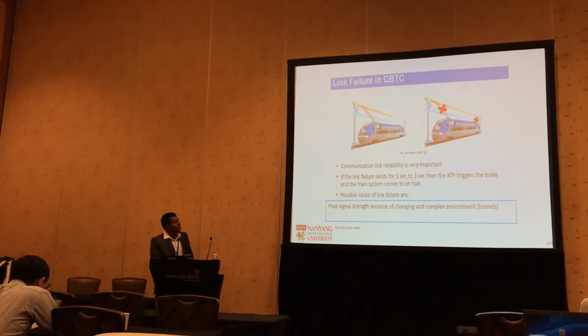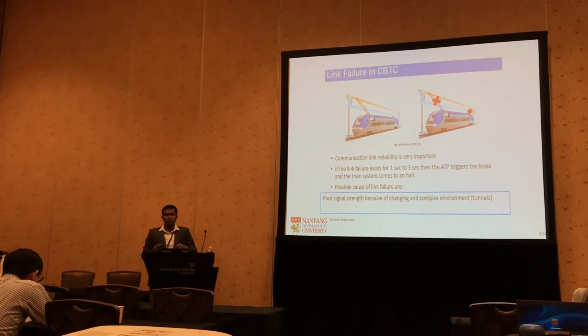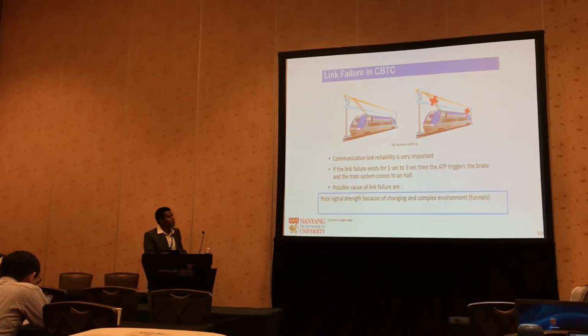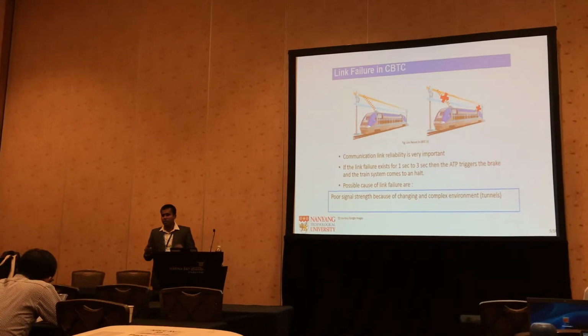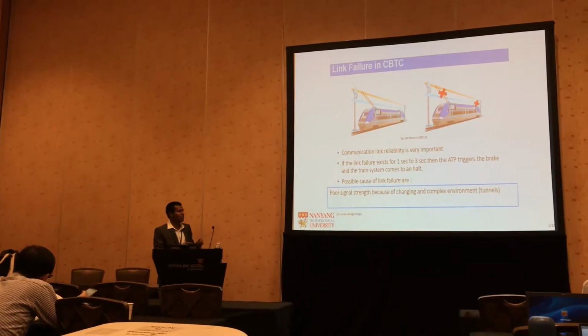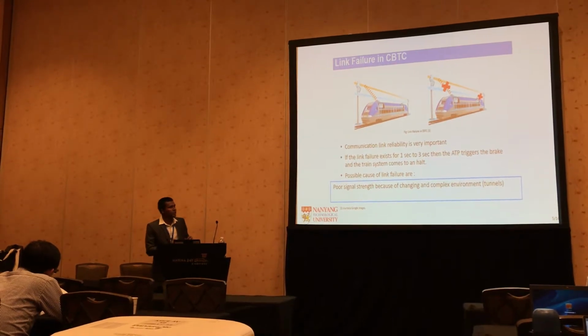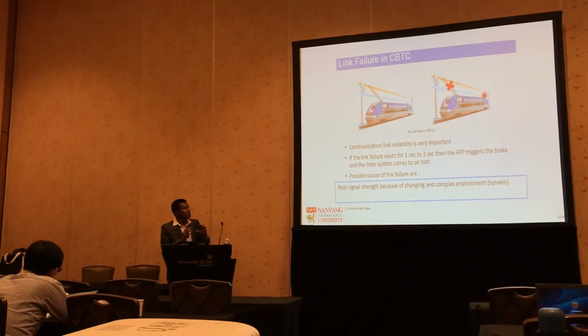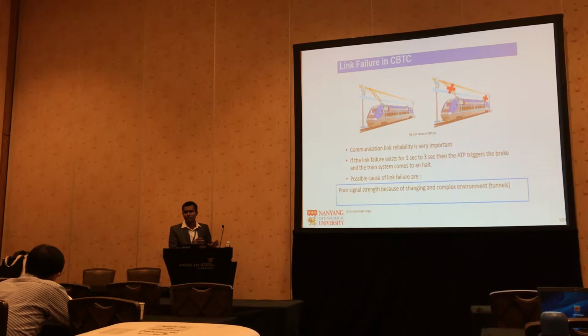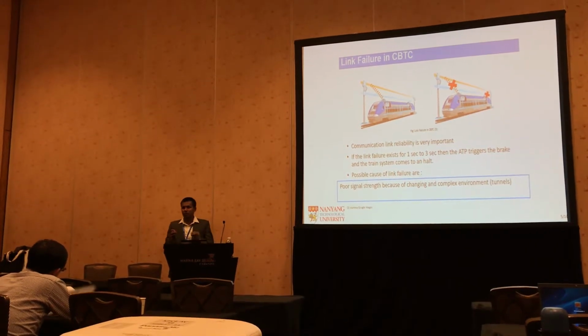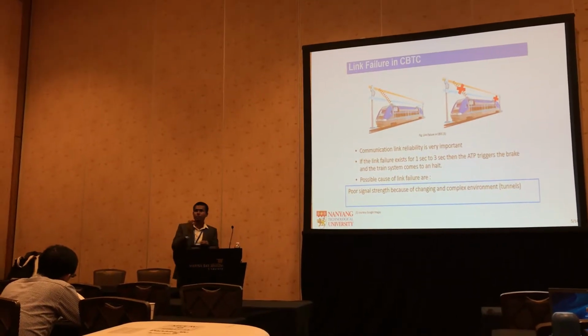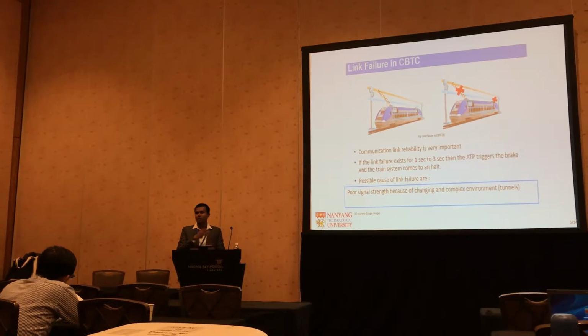So when you are speaking about the communication system all over the track, you need to make sure that your train will not lose the signal for more than 1 second, in the worst case. So poor signal strength because of changing and complex environment makes the CBTC system very challenging. If the CBTC system fails, the operator should switch to fixed block for a temporary time and then again to CBTC.